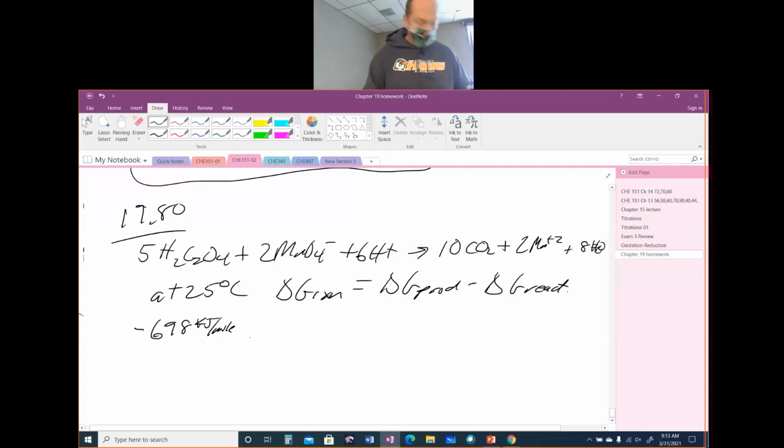Your MnO4-, negative 447. H+, 0. Your CO2 gas is negative 394.4. Mn2+, negative 228.